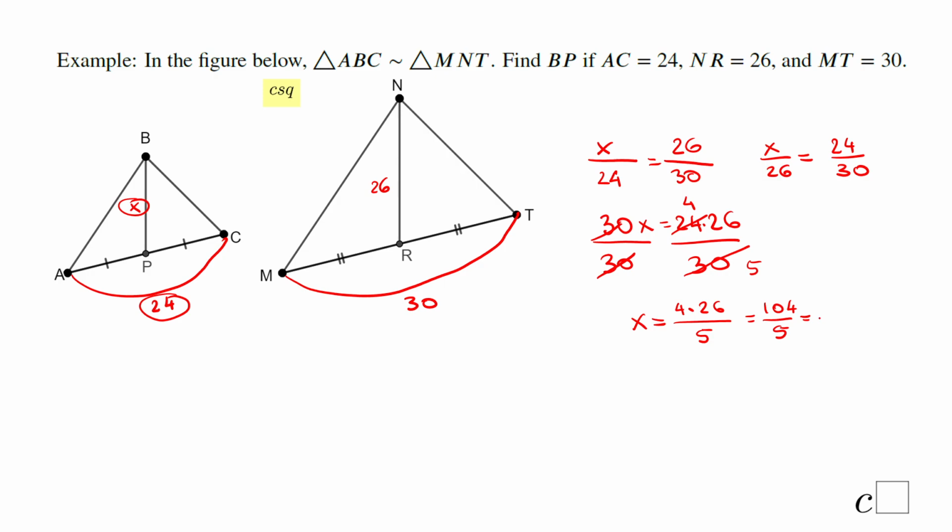If we do here a division, 20.8. I hope I didn't miss the division. So that is how much BP is. BP will be 20.8 or 104 over 5.